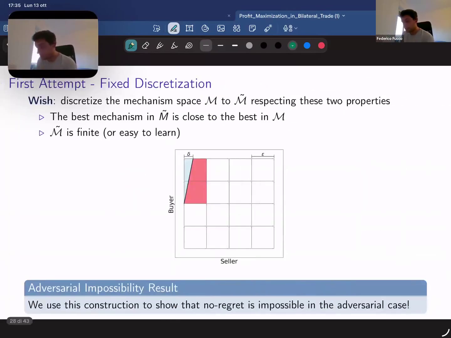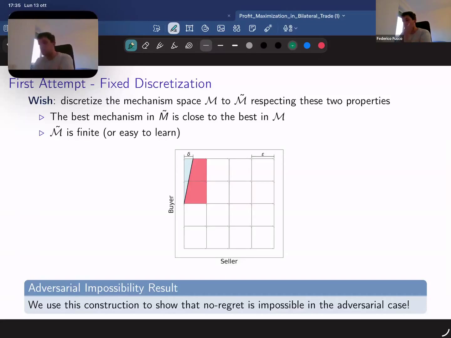So in particular, we get this adversarial impossibility result that says that it does not matter which learning algorithm you give me, I can always come up with an adversarial instance that breaks your algorithm. And in particular here, the phenomenon that we are using is the so-called needle in a haystack, meaning that we are hiding this super tiny delta that you cannot learn in the adversarial setting.